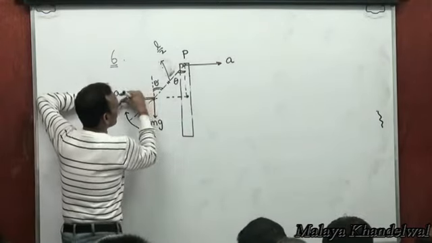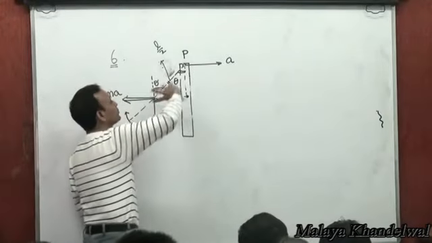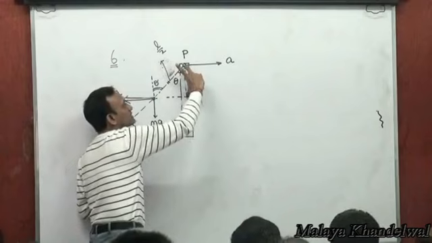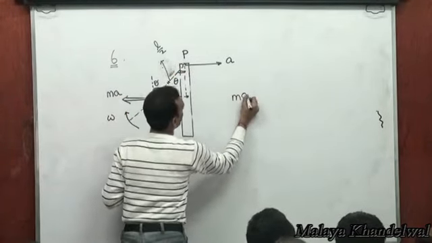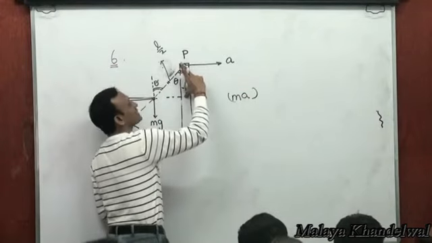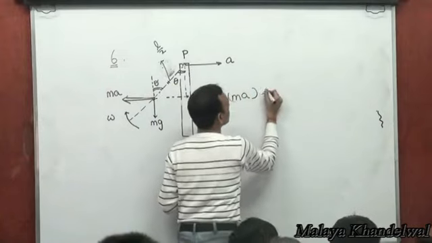Now, torque because of ma about P would be ma into this length, clockwise. So that's ma into this length, which is L by 2 cos theta.